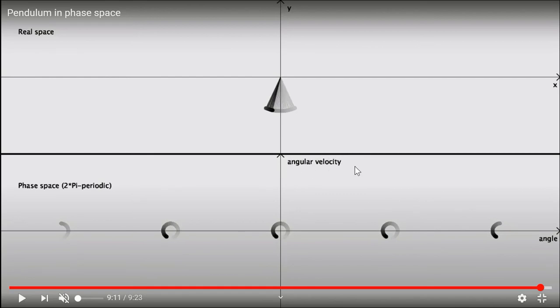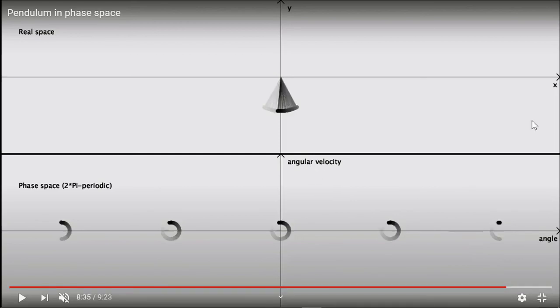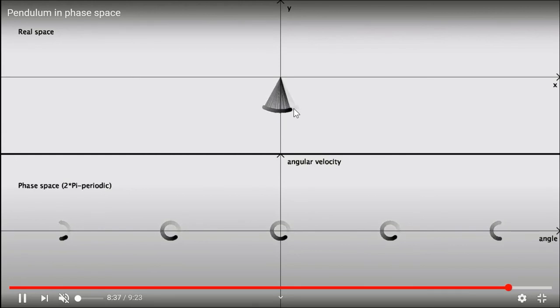Previously we did it with position and velocity, so it is just the angular version of the phase space. Okay, so let's say we have a pendulum like this, and we stretched it and released it from this position. So for this motion, we'll have a corresponding phase space diagram like this.